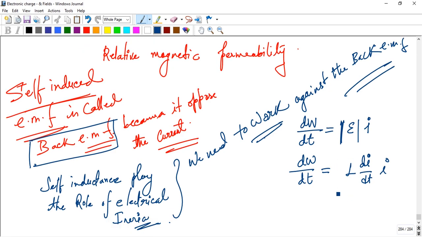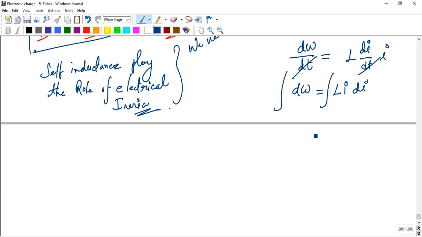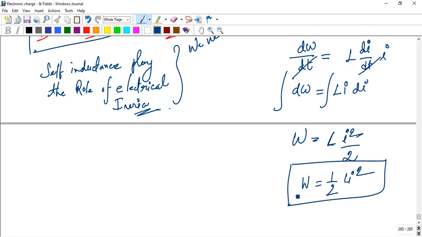Finally dW equals L I dI. Integrating both sides, we get the work done: L times I square by 2, so W equals half L I square.